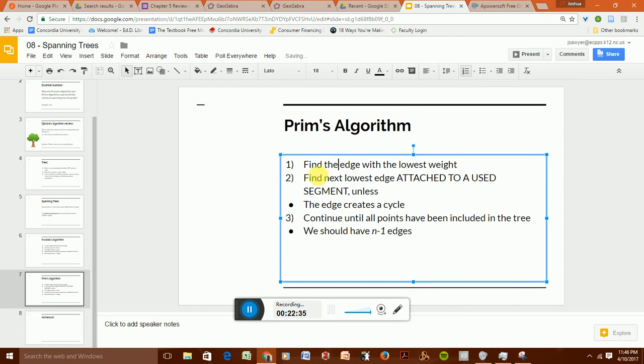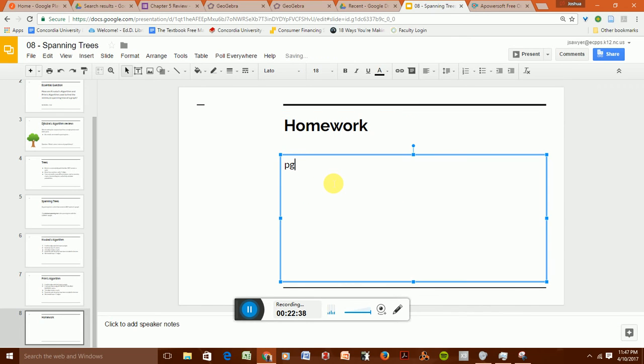There are going to be two parts to that. First part, page 258, numbers one through 5. And then we're going to have a second page, page 268.